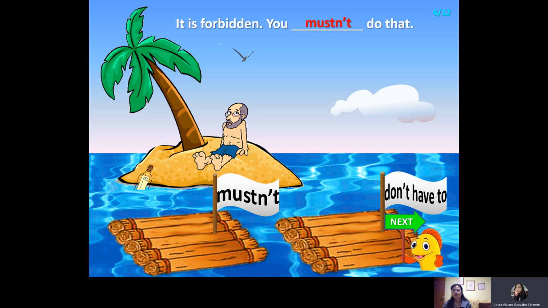It is forbidden. You mustn't. The pronunciation is "mustn't". You mustn't do that. Very good. Let's go on with the next one.